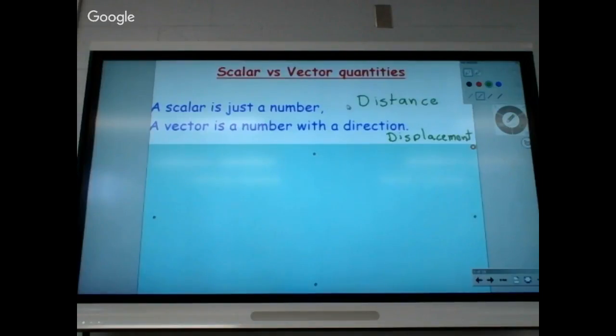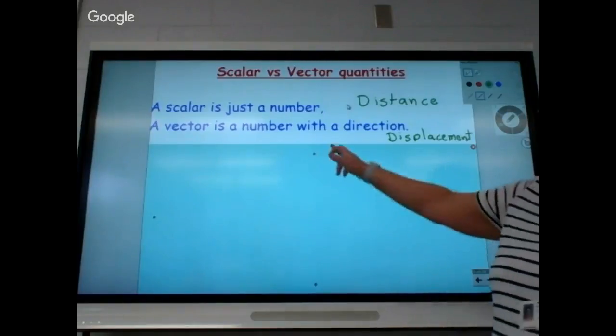I would say things like we spun in a direction. I had to say something about where we were going. When I talked about distance, it didn't matter because we always added up what we were doing. The direction was irrelevant.